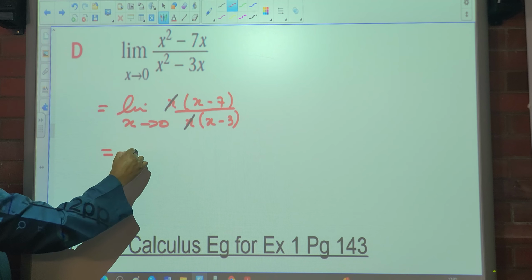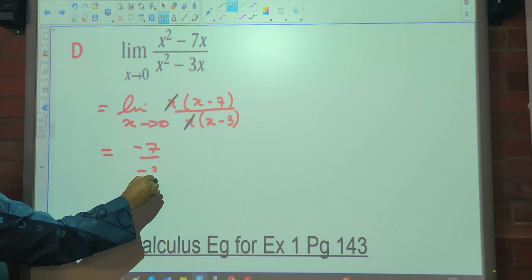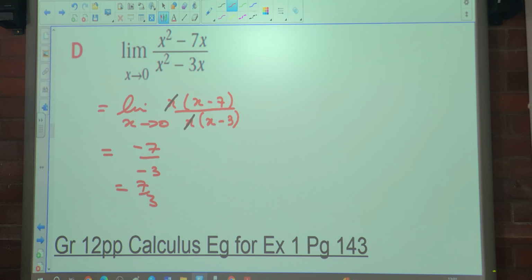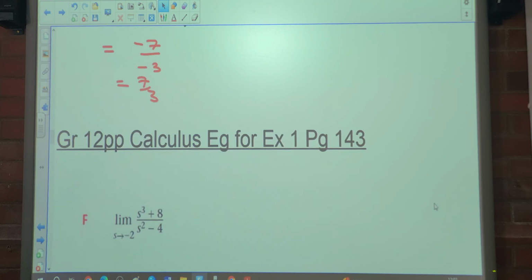The answer is negative 7 over negative 3, which is 7 over 3. Do you understand? That's actually a hyperbolic graph. I'm sure you don't want me to show you. Easy, no? So far, okay, nice.